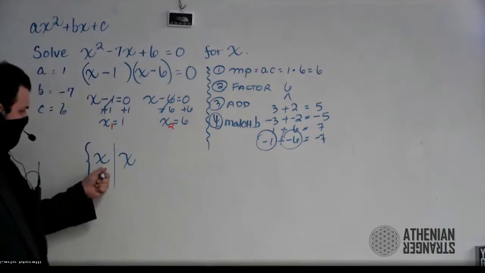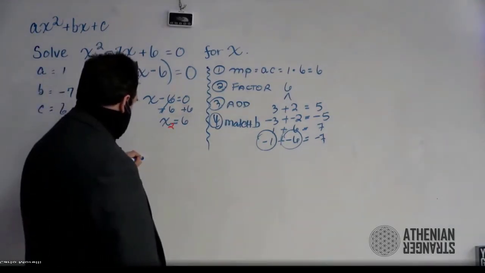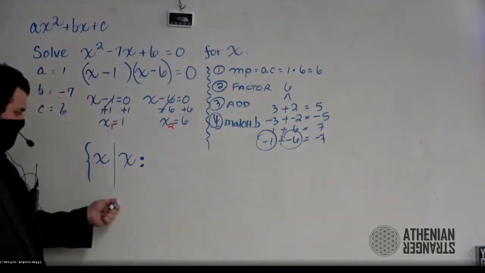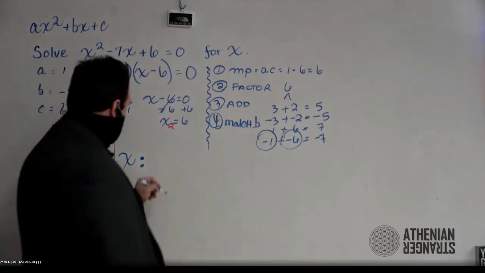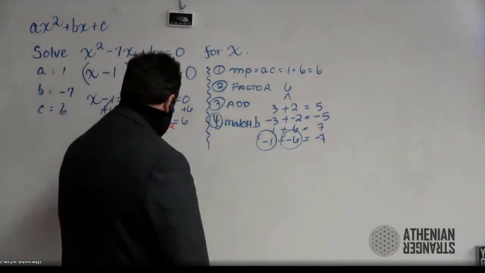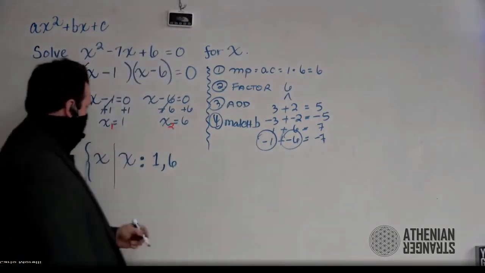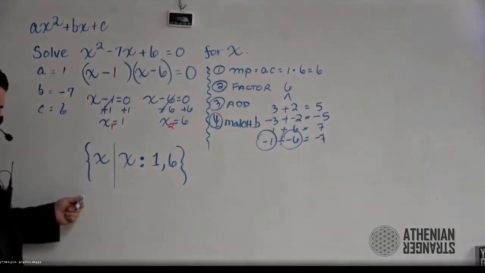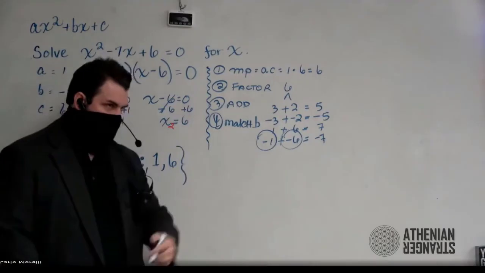The set of all x such that x, and then we put a colon. The set of all x such that x contains, and then we write 1, 6. Those are our two solutions, 1, 6. So the full sentence of the solution is the set of all x such that x contains 1 and 6.